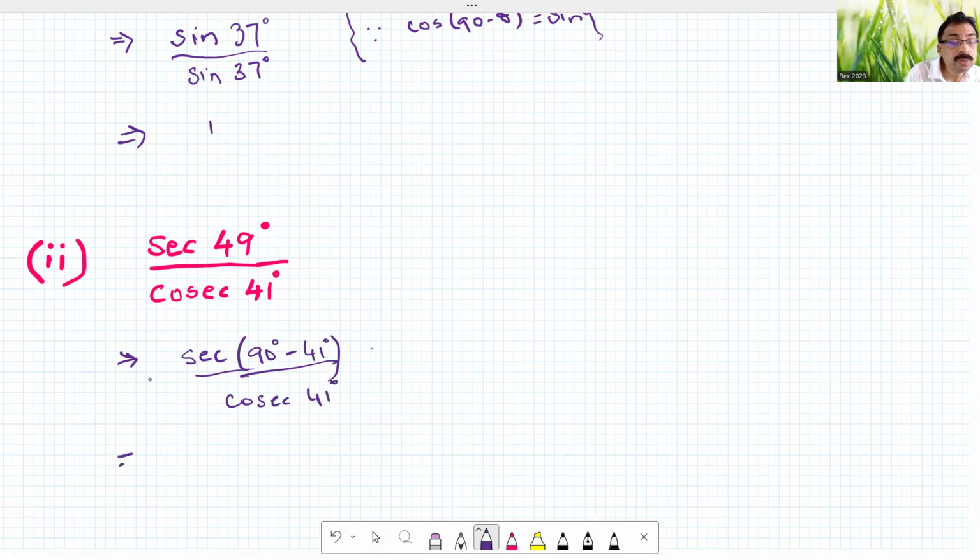Now we know from the relations that we studied that sec 90 minus theta is nothing but cosec theta. So instead of sec 90 minus 41, I'm going to write it as cosec 41. And the denominator is cosec 41.